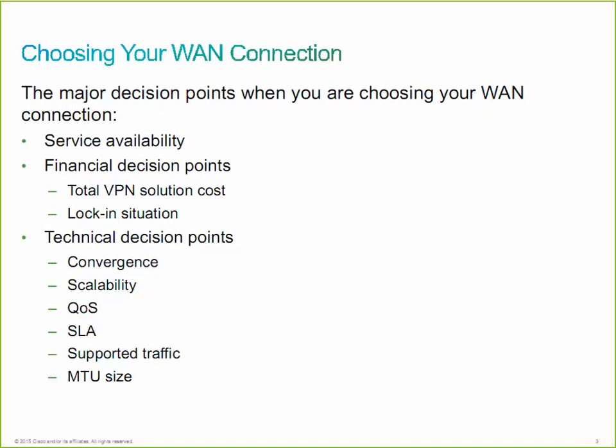There are also many different technical aspects when you're choosing the WAN connection as well. I mean, we talked about long-term lock-in. That could be considered a technical aspect, but obviously the financial aspect is not really technically driven, right? But as you can see from the slide here, we have several different considerations from a technical standpoint.